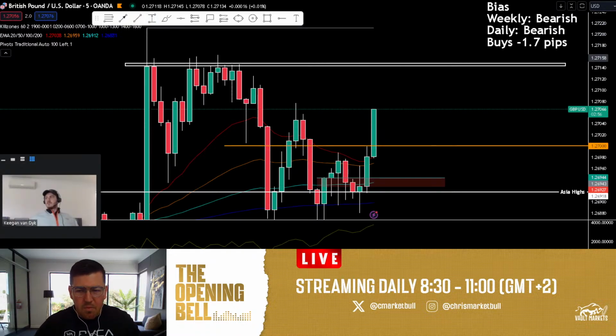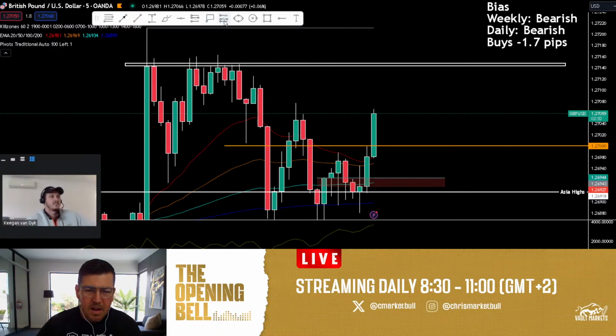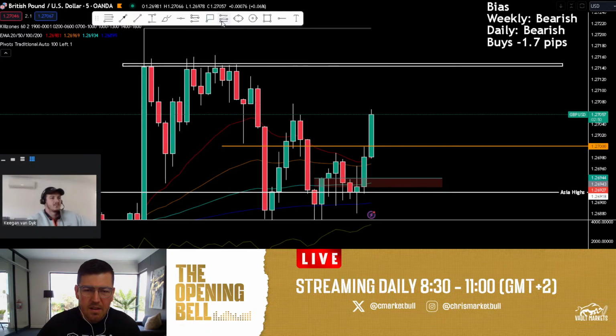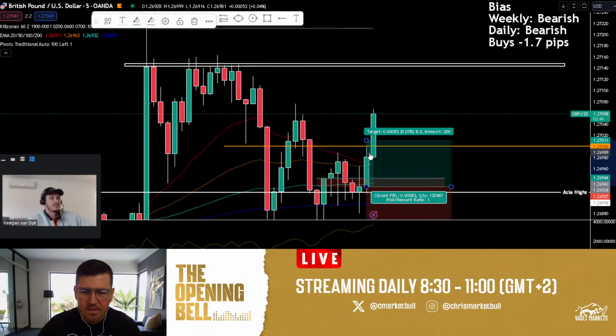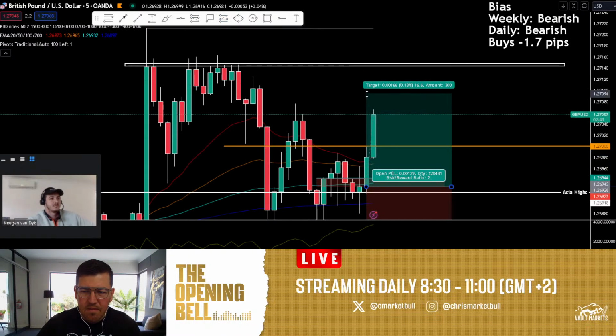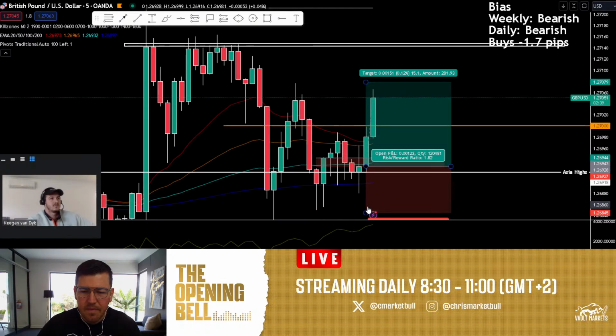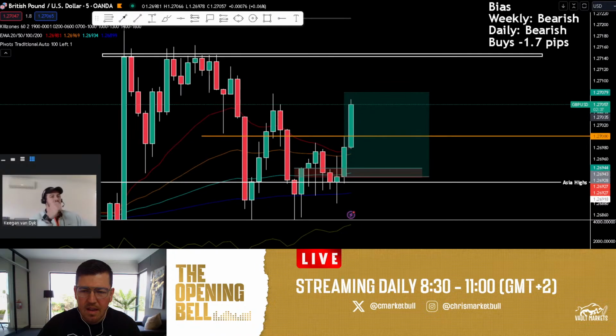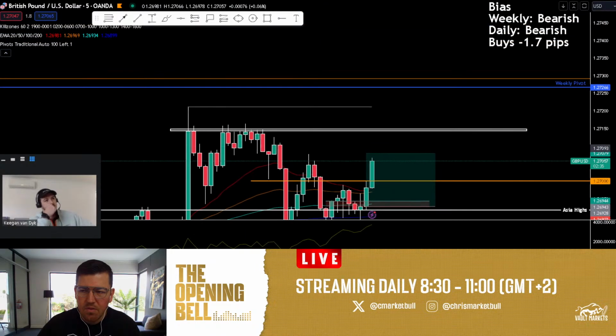If you entered with the criteria I gave, 15 pip stop, I go for 1-to-1. I close out 90%, leave a runner. So if I was still in this, once I hit 15 pips, I take off 90% of my trade. I move it to break even, and I leave the runner to go to R1.